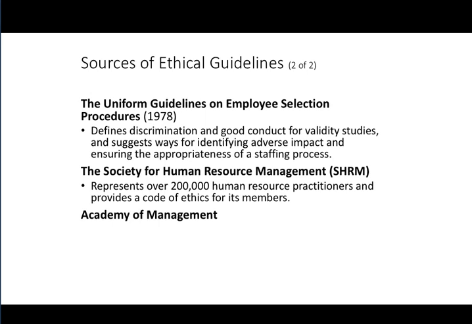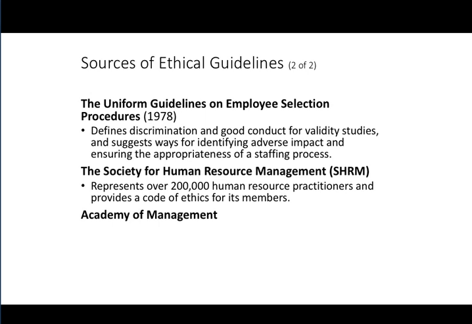The last three sources we have for ethical guidelines come from a number of different resources. Number one is the Uniform Guidelines on Employee Selection Procedures. This came out of 1978, and the guidelines so that we could be clear how we're supposed to conduct validity studies, make sure we test for adverse impact, making sure that selection tools used are appropriate and are not having an unintended impact on others.